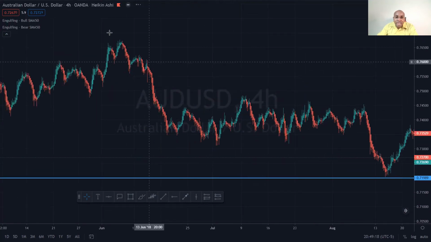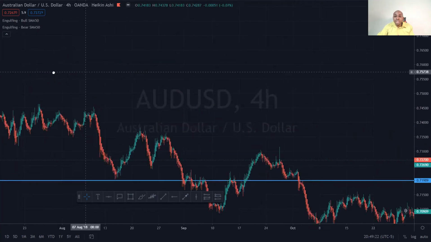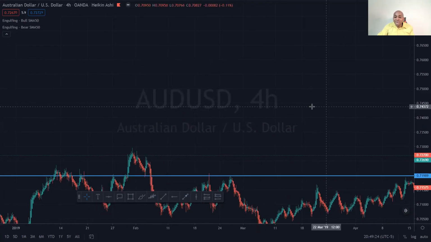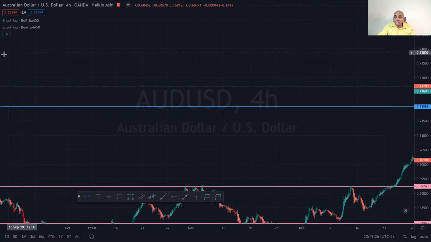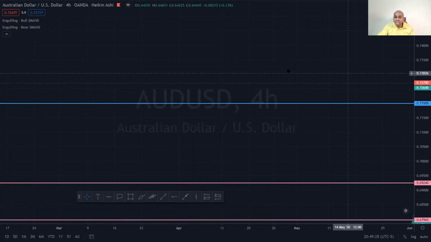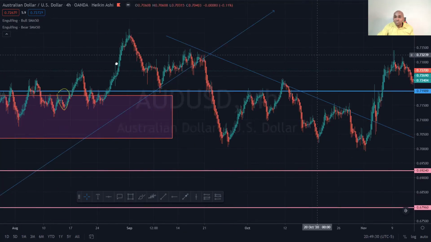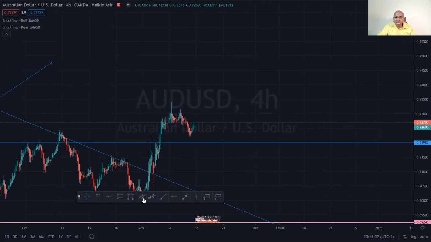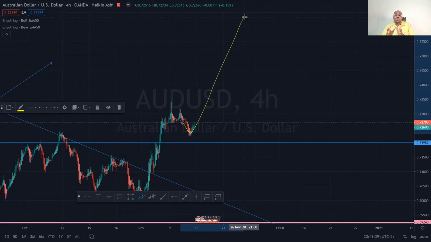Price has been there before, right? So it won't be a surprise, being that price has been there before on the AUD USD. It won't be a surprise if price does something like this, right? Retrace, create a higher low, and then just go like that. Because history has showed us that price has been up here before.